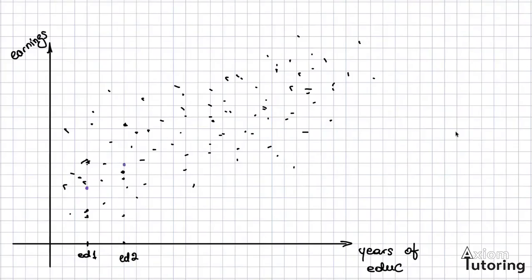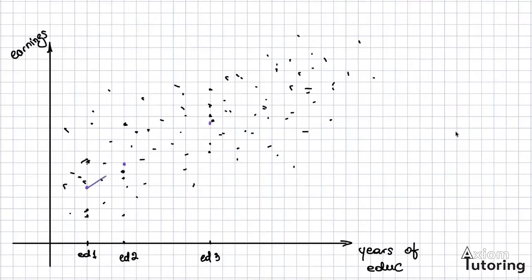Then we can take another level of education right here. Out of all of these data points, let's say the average looks to be somewhere right here. In the end, all we have to do is connect these dots. And what you have done is actually just drawing the conditional expectation function, or the CEF.